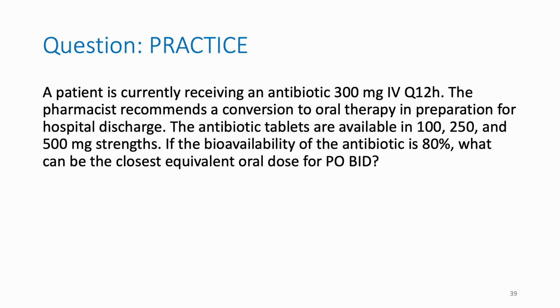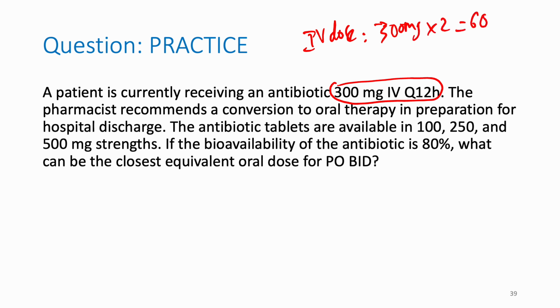So similar to the previous question, when you try to convert the equivalent dose from oral to IV, usually you need to convert into a standardized per day. So here 300 milligram every 12 hours. So the IV dose you have 300 milligram times 2, or 600 milligram per day.